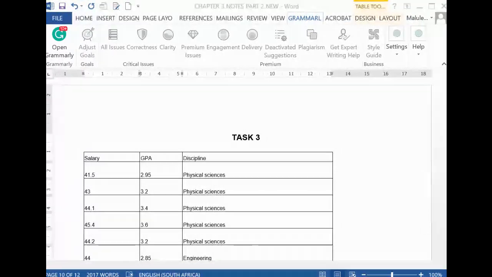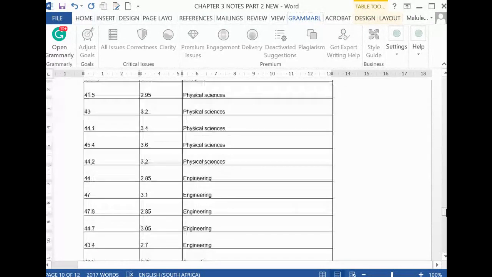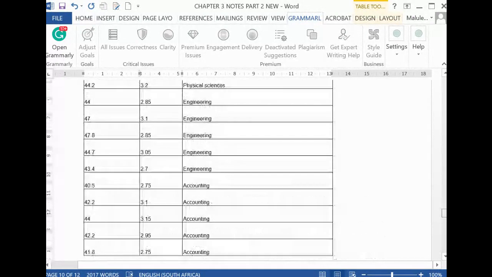This data set is about the starting salary of graduates who graduated from those streams. Someone graduated from physical science, someone graduated from engineering, and someone graduated from what is the other option?